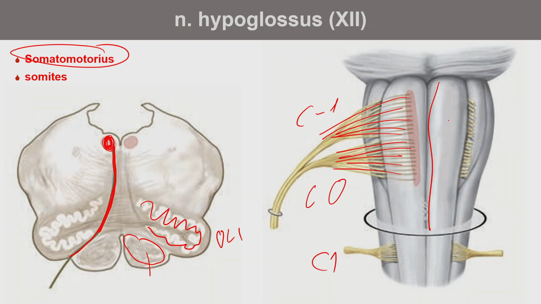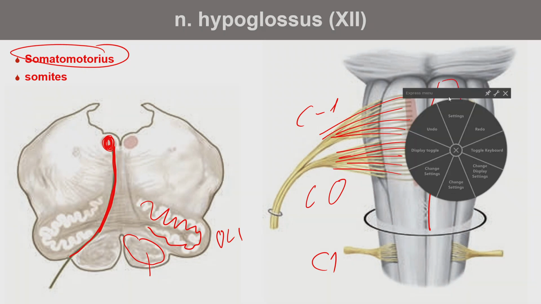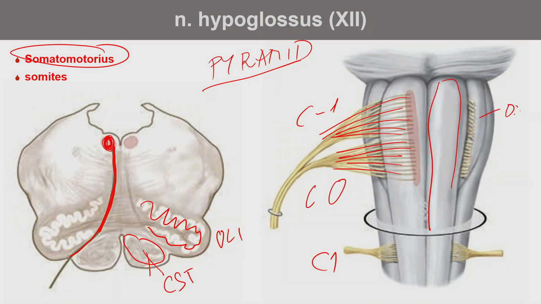I cannot hear it. You have said pyramid? No. So it's a pyramid. Yeah, this is a pyramid, and here the corticospinal tract is localized. Yeah, so it's anterior, oliva and pyramid, and here you can see the crossing fibers of the corticospinal tract. So you can see that it's very similarly organized, like C1, C2, C3.